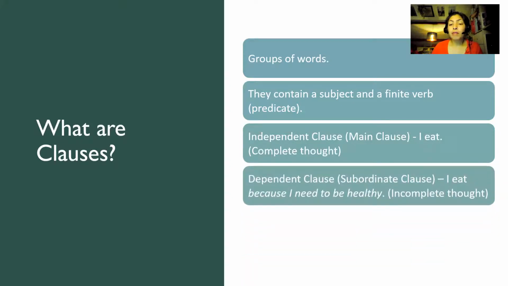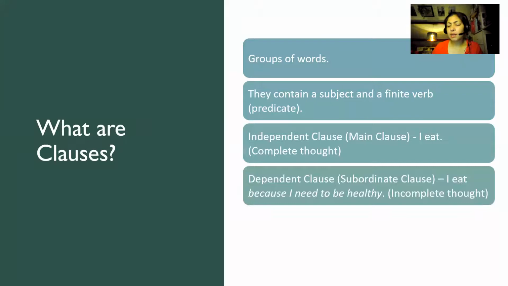Then you also have a dependent clause, which is also called a subordinate clause. Let's have a look at this sentence. I eat because I need to be healthy. Now, this clause, because I need to be healthy, if you take it out from the sentence, it cannot stand alone and have a complete meaning. All right. So this is a dependent clause. It depends on the main clause to get meaning.